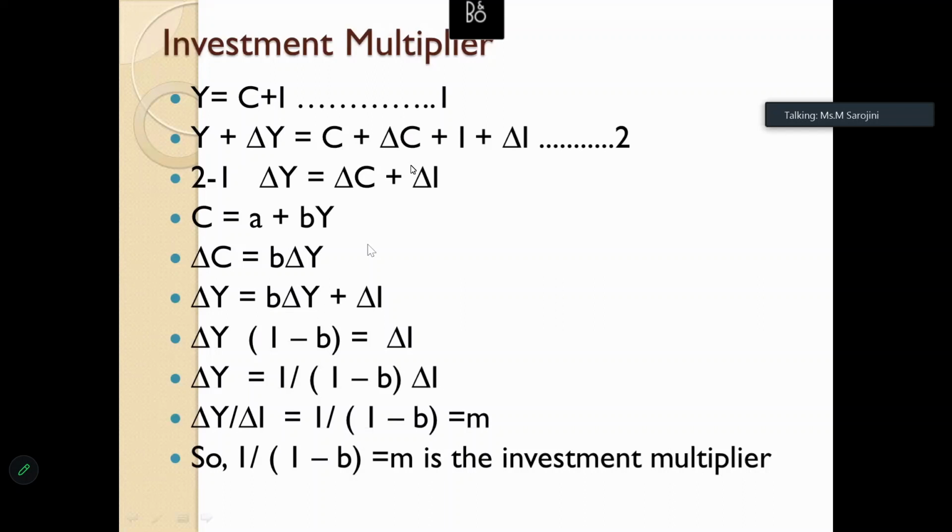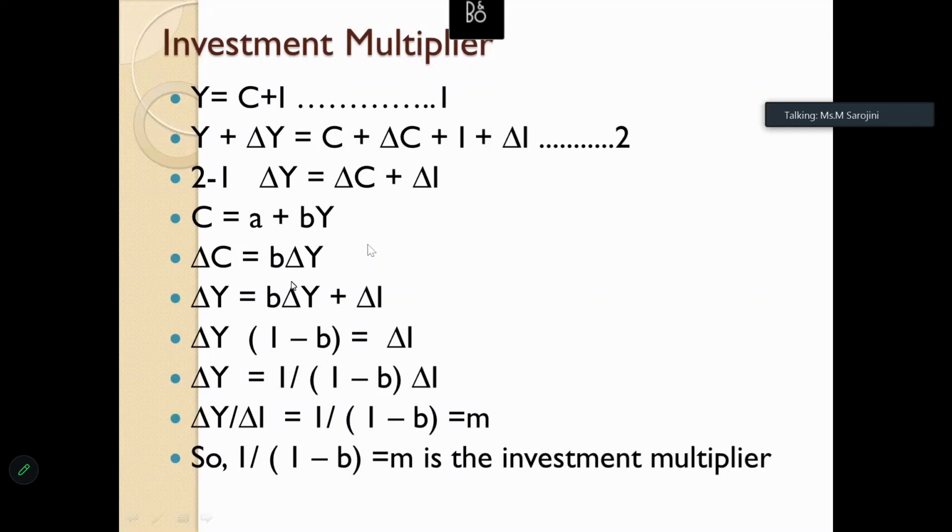Now we know C is equal to a plus bY, and once there are changes in the income, that also changes delta C. Therefore delta C is equal to b into delta Y.